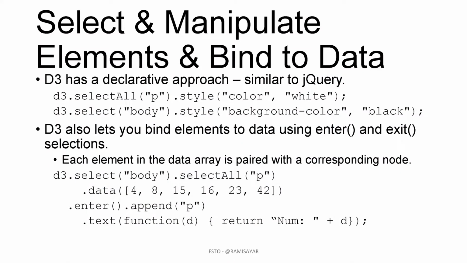And then you call the enter function. The enter function will then do something for every single point in your data set. In this case, we're just going to create a new paragraph and add some text to that paragraph that basically returns the number that was in that element. Now, all of a sudden, we've bound some HTML elements to actual data, and as the data change, so will the HTML elements change.